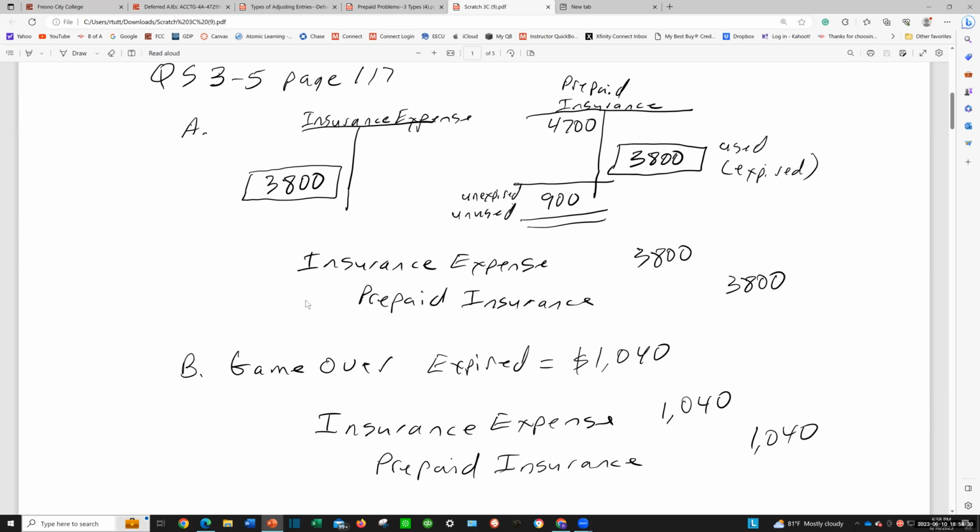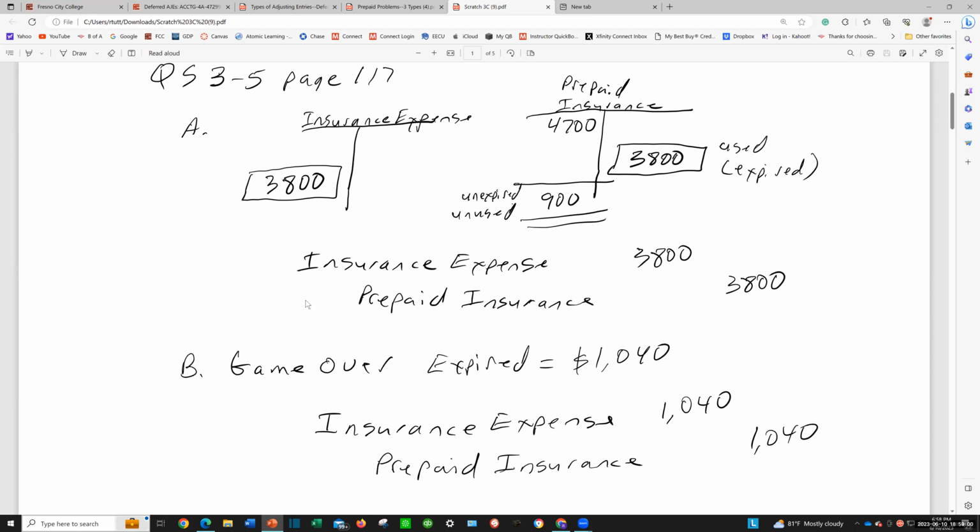Okay. We turn the page here. This is on page 118B. Now we have prepaid insurance. It says the prepaid insurance account has $5,890 debit balance at the start of the year. A review of the policy shows 1,040 of insurance has expired by year end.